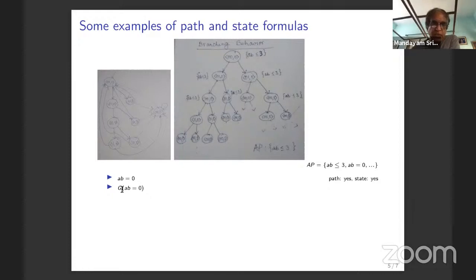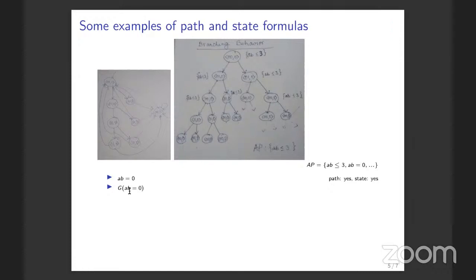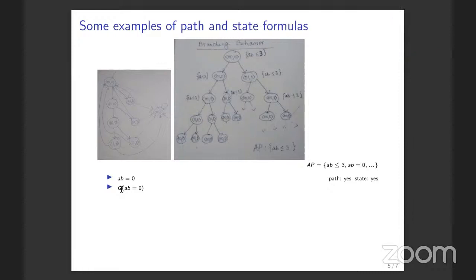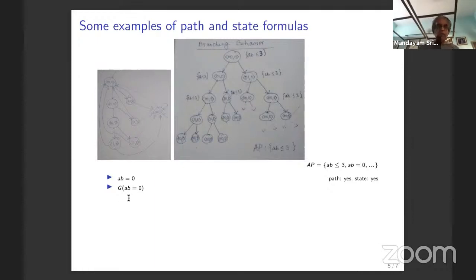which is constructed from G of AB is equal to 0. It's a path formula. Yeah, it's a path formula. Correct, because AB equal to 0 is a path formula, then G of a path formula is also a path formula. First of all, it's a legal formula because it's constructed by applying one of the linear temporal operators.